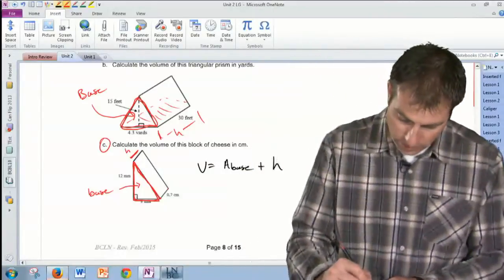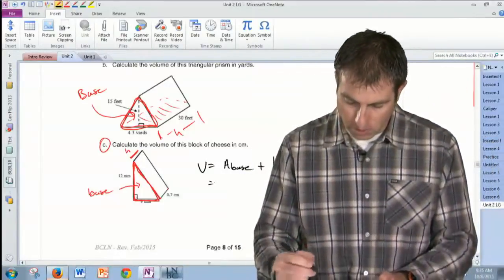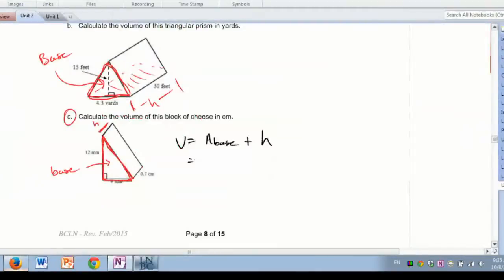I'll continue, I'll find the volume of it. The area of the base, my base in this case is a triangle, so I have base times height divided by 2, and then I have the height, I'll just call length in this case instead of height, because I don't want to get my variables confused. So just dealing with the triangle, my base is going to be 9, and the height of the triangle is 12 divided by 2.